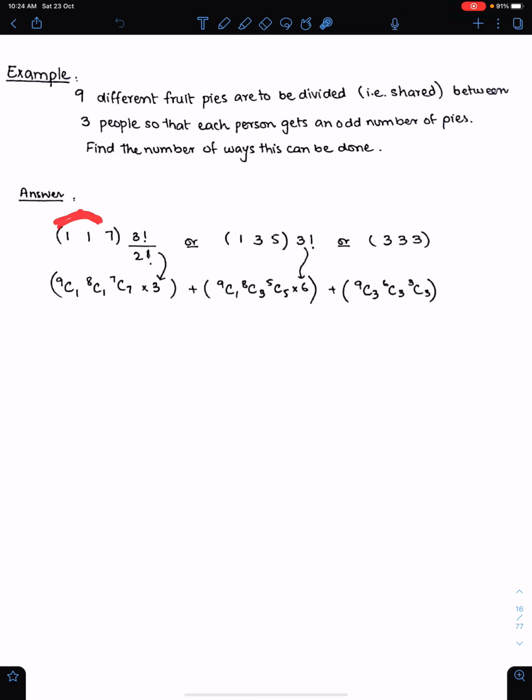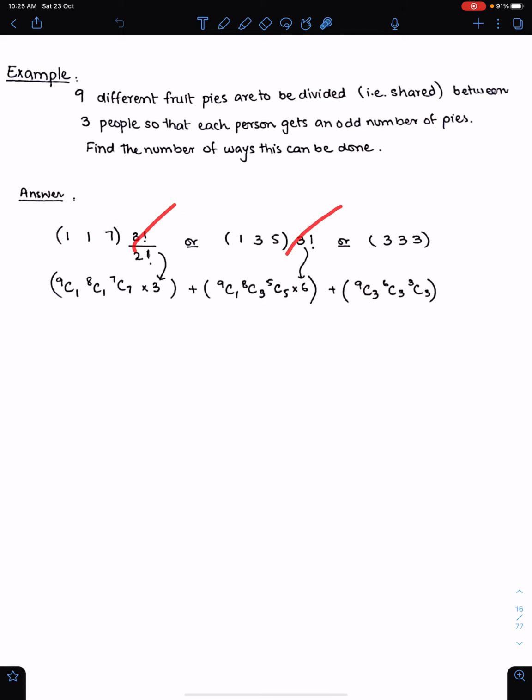Since 2 are same, so 3 factorial by 2 factorial. 135, all are different, so 3 factorial. All same, so this is just one way: 3 factorial by 3 factorial means 1. So this is the way to distribute or divide things between the three students or people.